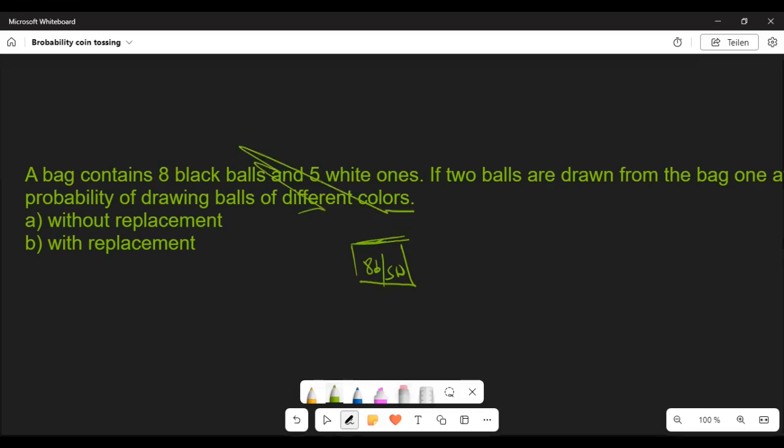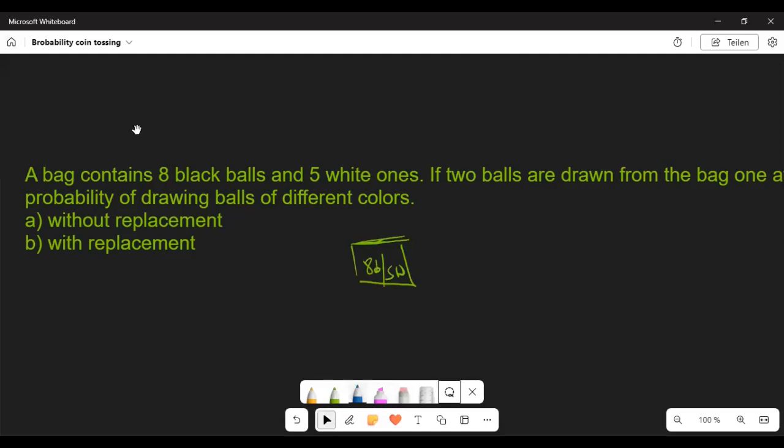So, sorry for that. So what's the probability that we have different colors? Especially that we have either white and black. So let's see. So this is how we want to handle this. So let's go to the question.